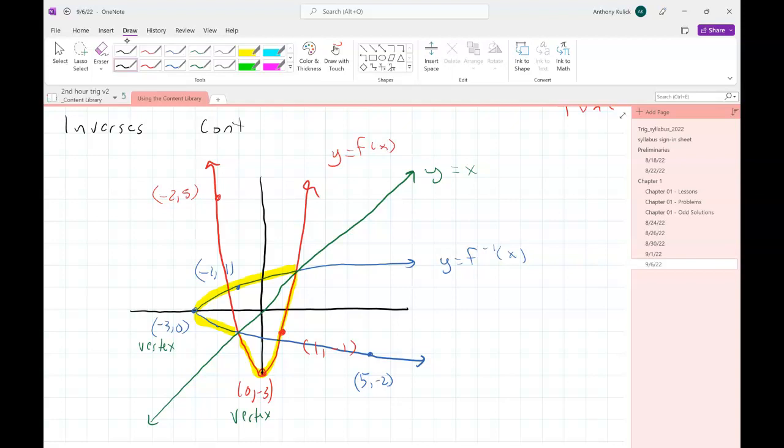It's the one-to-one part that fails. Why? Because if I look at, say, this y coordinate here, I notice there's 2 places on my function that have that same y coordinate, right?